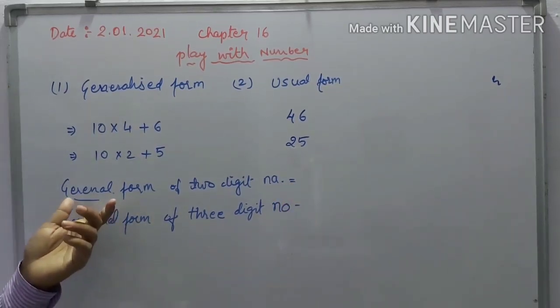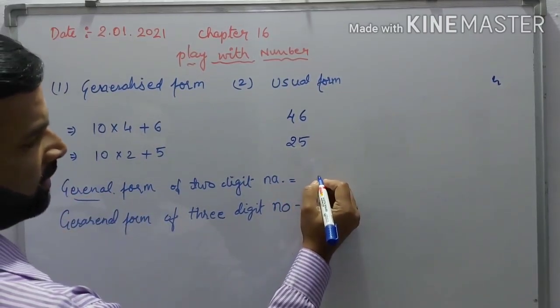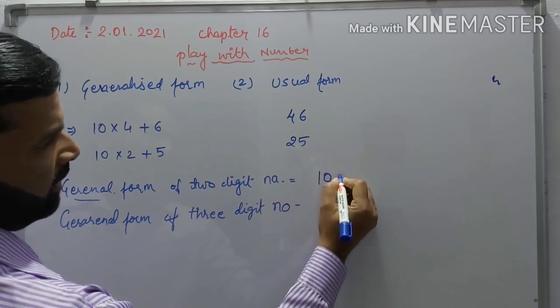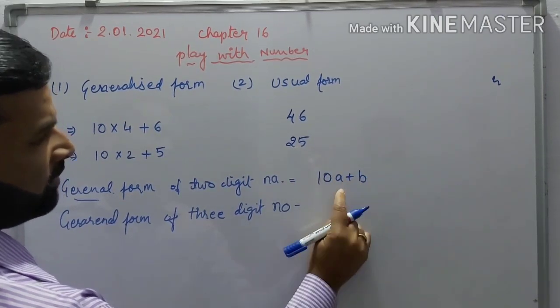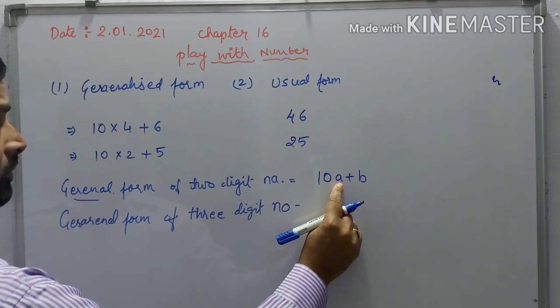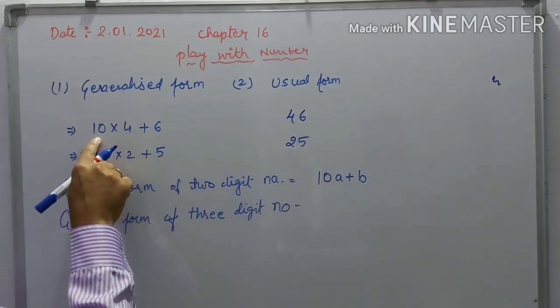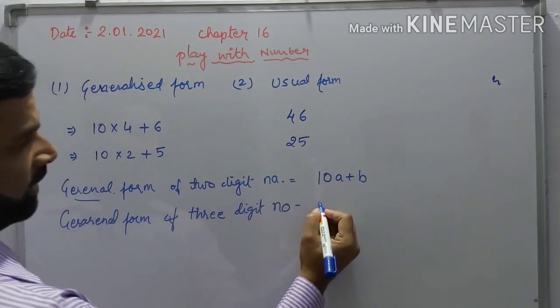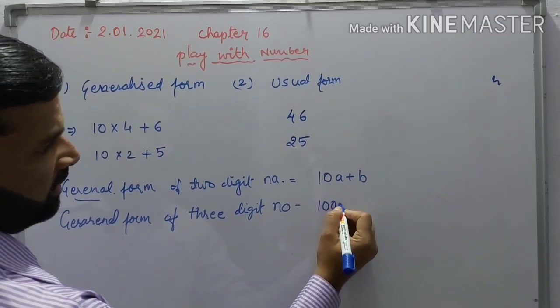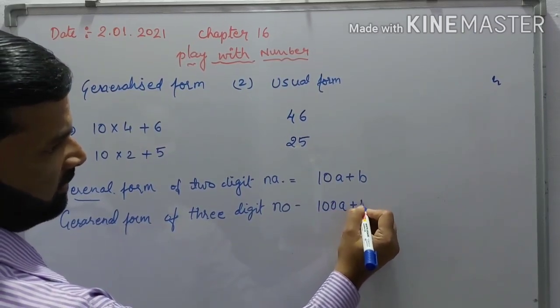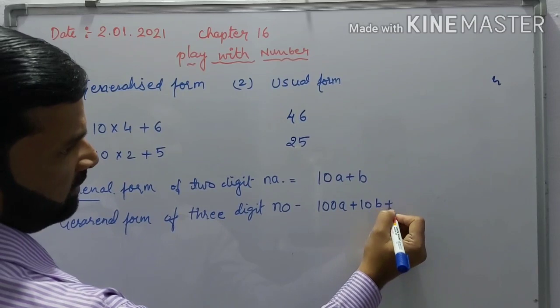The general form of a 2-digit number is 10a plus b, where a and b are digits, and 3-digit is 100a plus 10b plus c.